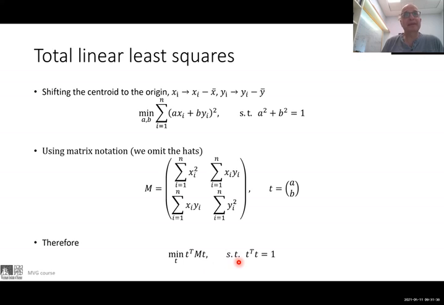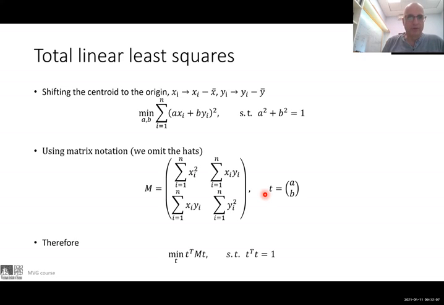So we simply rewrote our problem in matrix notation, and we got the second order moment. It's normalized because we made the first order moment, which is the average of the points, equal to 0.